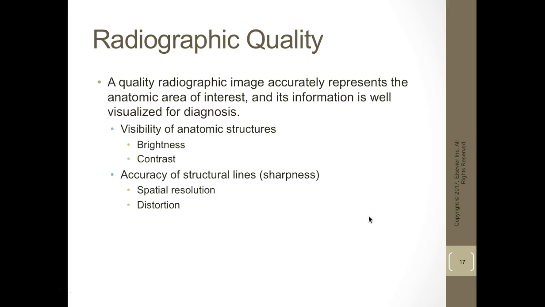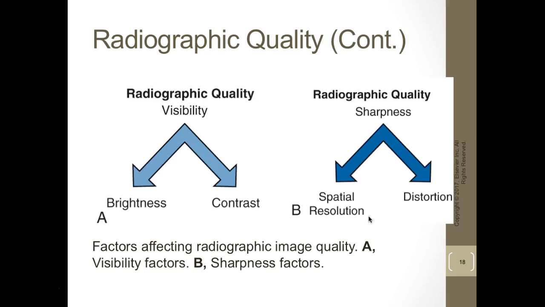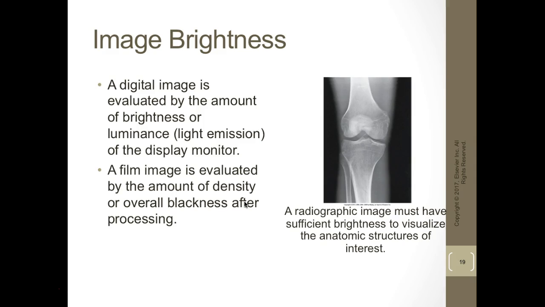And accuracy of the structural lines, or our sharpness, is our spatial resolution and distortion. So if we're talking about radiographic quality and visibility, we're talking about brightness and contrast. Maybe this graph will help you remember the difference between the two. If we're talking about sharpness, we want to look at spatial resolution and distortion.